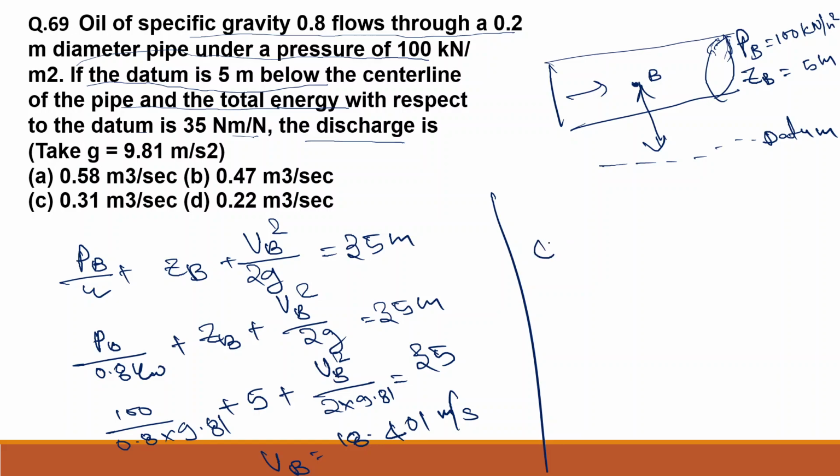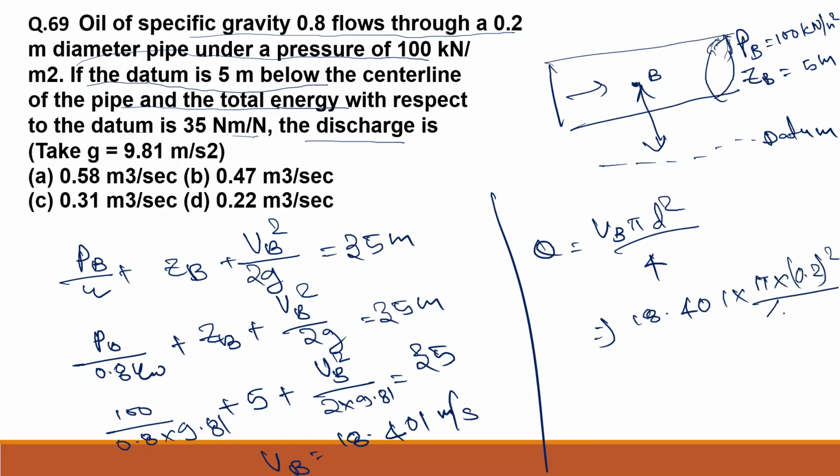After that we will find out the discharge. Q is equal to VB into pi D square upon 4, equal to 18.401 into pi into D square, value is 0.2 square upon 4.